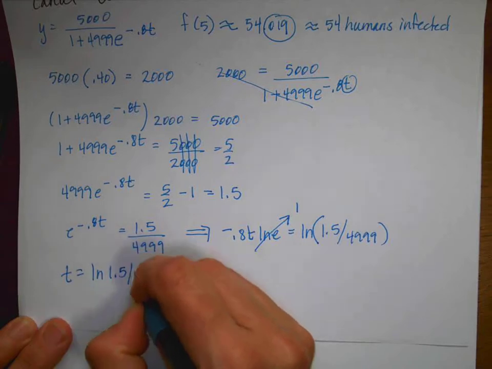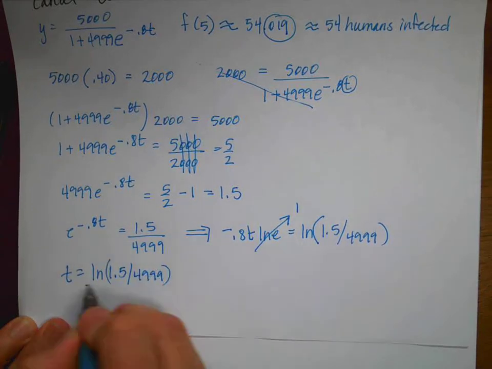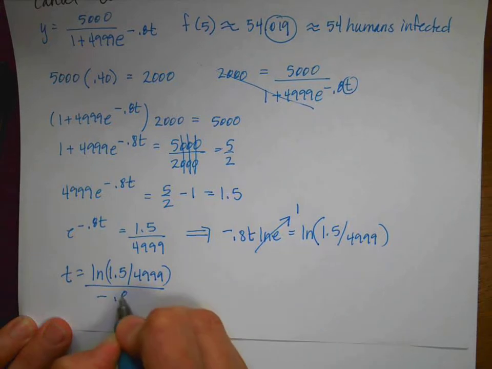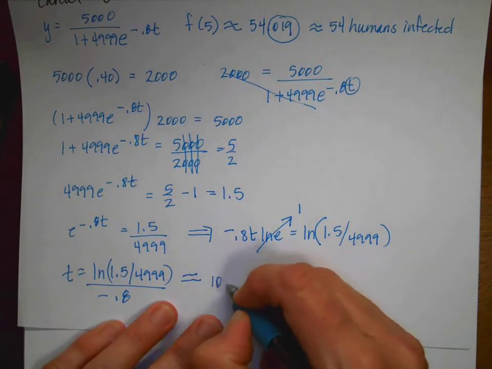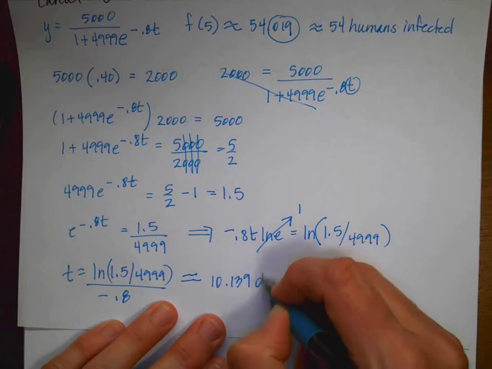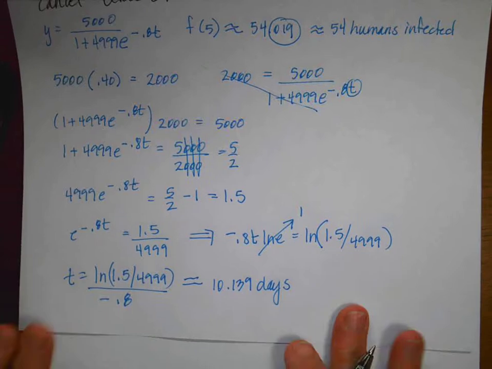Now I can actually solve for t, and it's going to be the natural log of 1.5 divided by that number divided by a negative 0.8. And when I do that math, I get 10.139 days. So after 10.139 days, the university will choose to cancel classes.